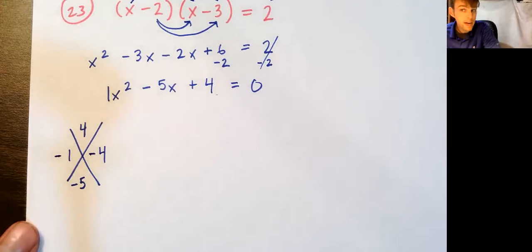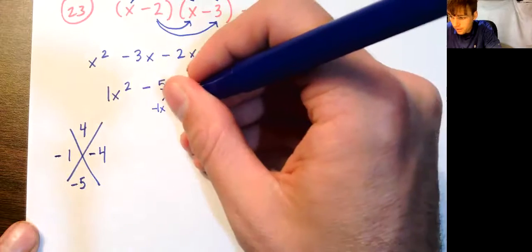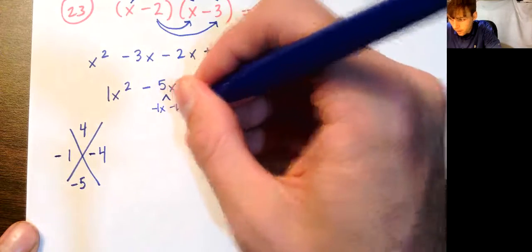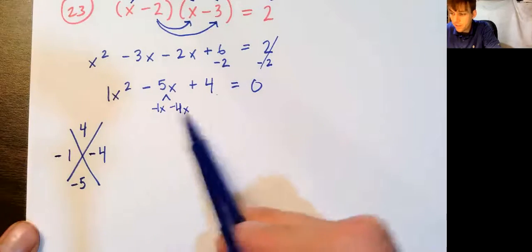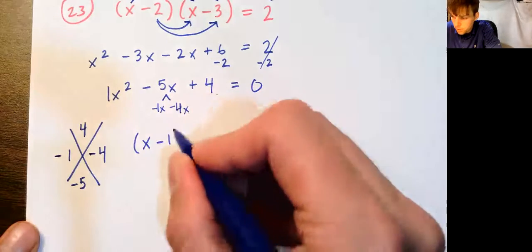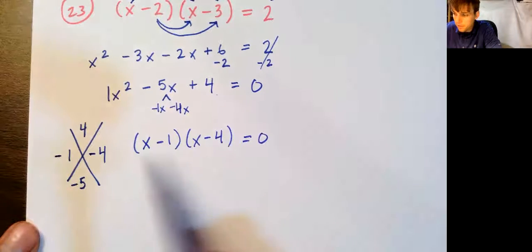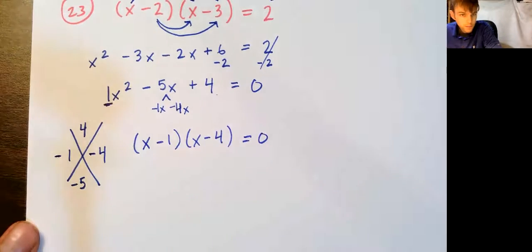Now again, I don't have to use the factoring box. I know this is negative 1x and negative 4x. I could fill out my factoring box now and go that whole way, but the shortcut is x minus 1, x minus 4. I'm able to take this shortcut because this is a 1.